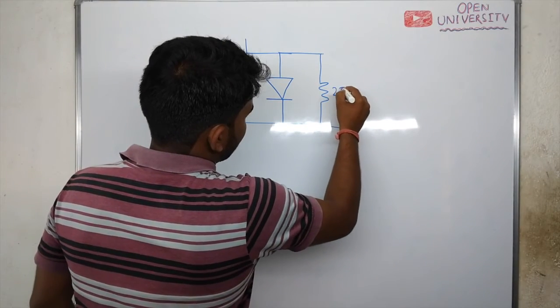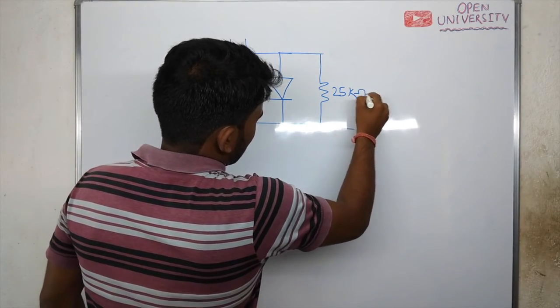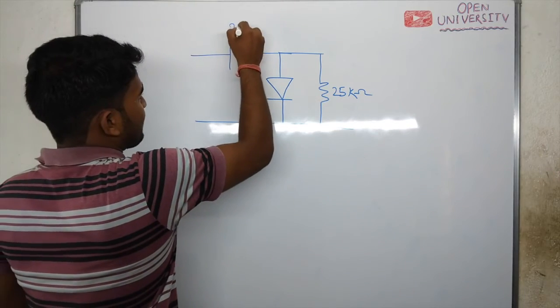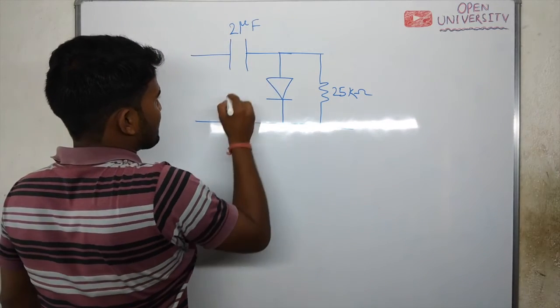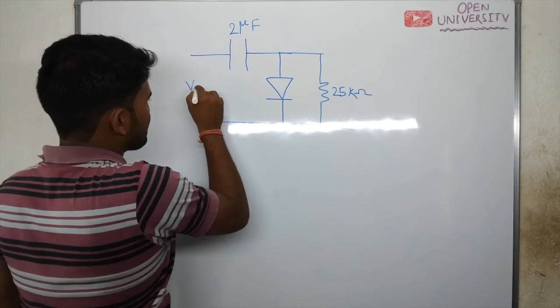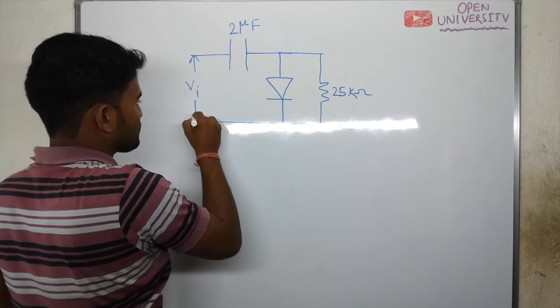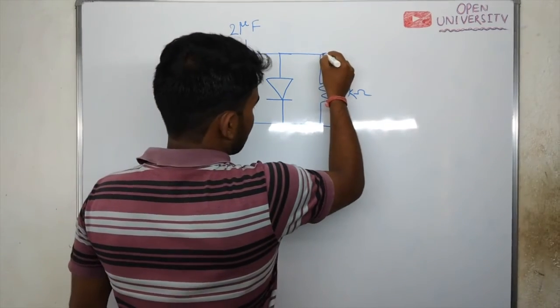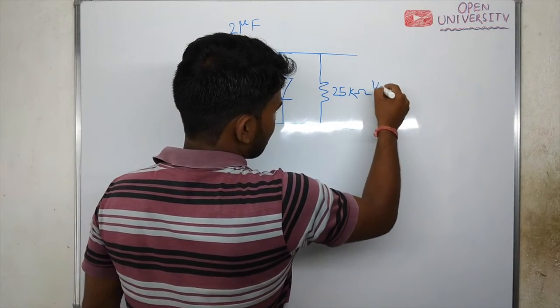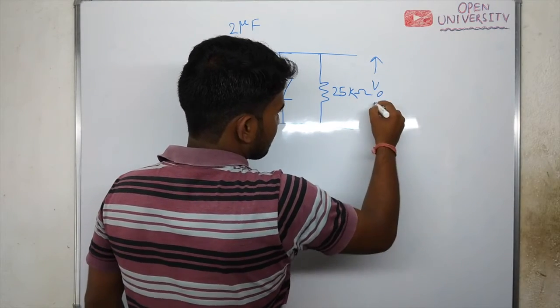This is 25 kilo ohm and this is 2 microfarad capacitance value, and this is VA, which is a square wave signal of maximum value 10 volt and minimum value minus 10 volt.